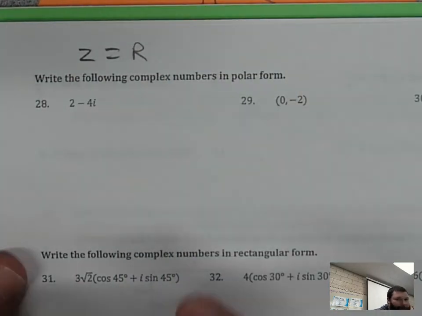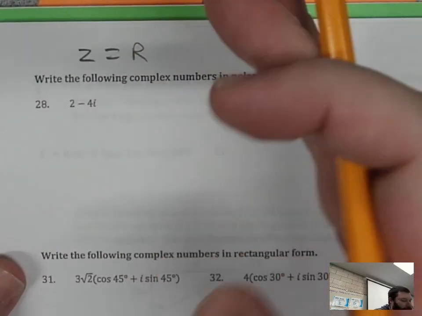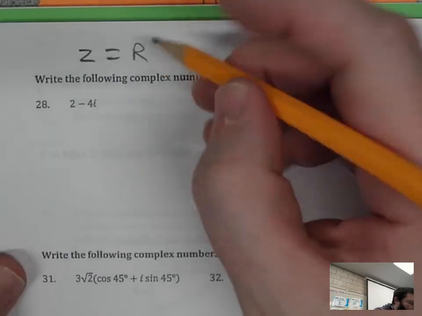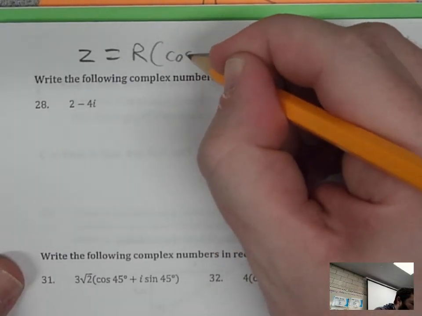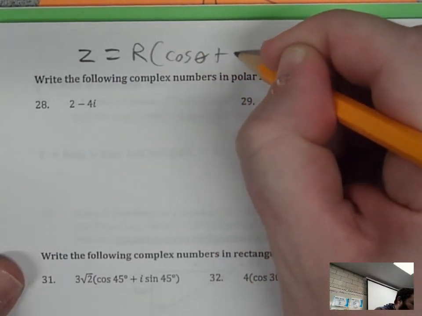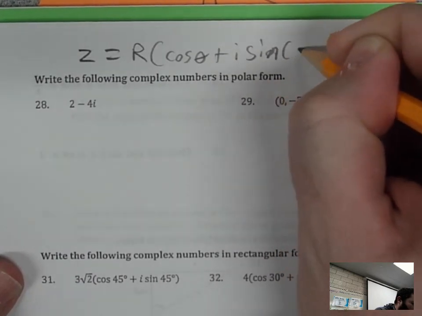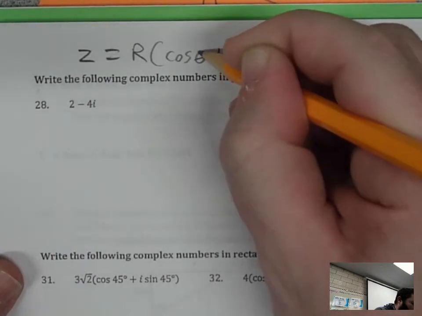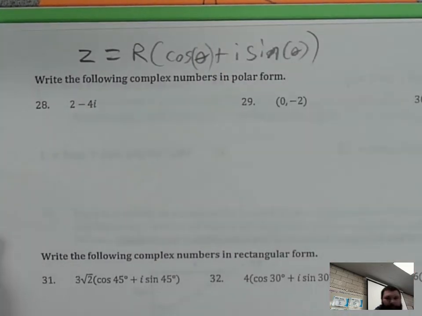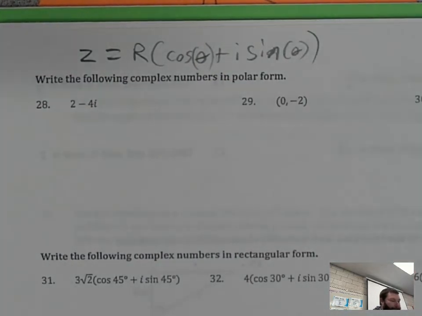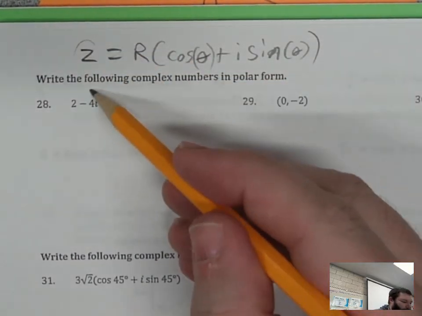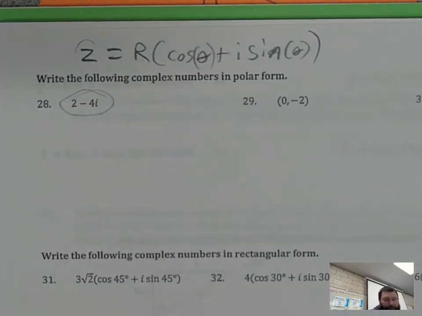For our definitions, we're calling it the moduli. And then times the cosine of theta plus i sine of theta. You should put the theta in parentheses, but I didn't there. Okay, so like that. So z is literally just represented by these two parts. So it's usually more than one term.